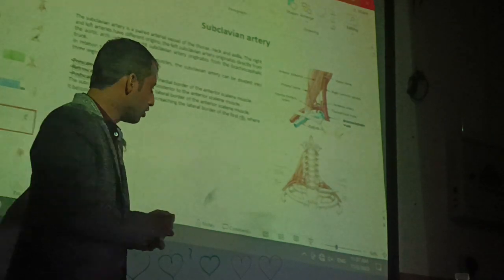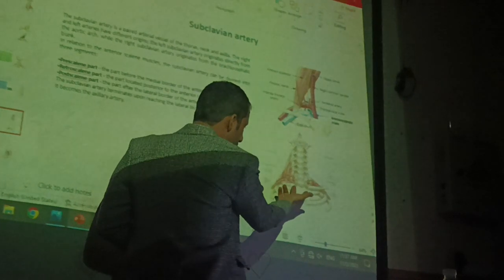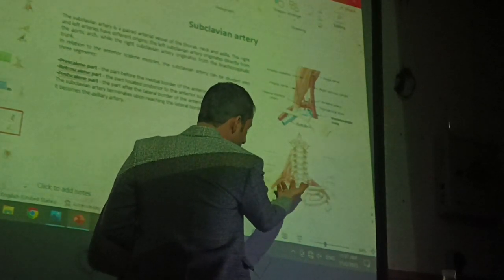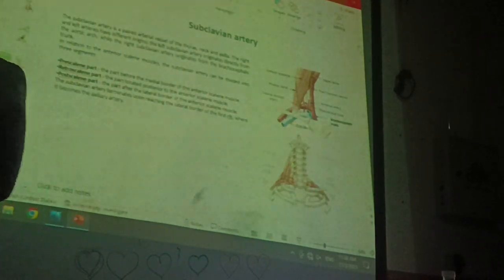The second branch is here. It is derived from the inferior surface. What is this branch? Internal thoracic. You are weak in the thorax. You passed the thorax, yes?